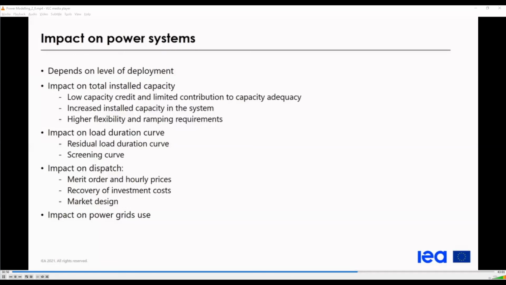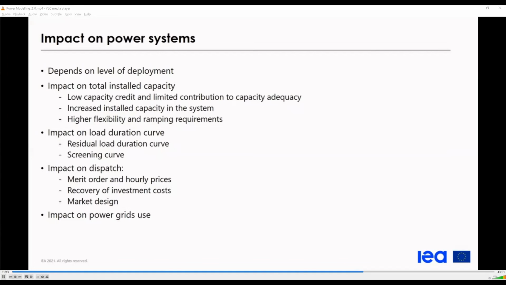And when the solar PV and wind share is low, the variation of demand from one hour to another has more effect on the system than the variability coming from solar and wind. But when we go beyond that, we begin to see some impact. Impact on total installed capacity.